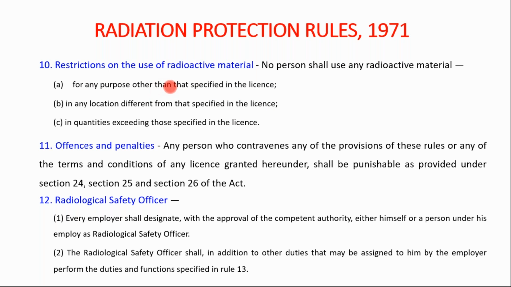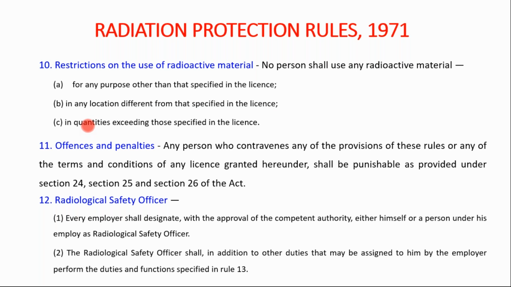So that person should have the observer supervision for the activities related to this radiation. Then in the license it is clearly mentioned that for this location only this license is provided, for that date and for this duration only. All the radioactive material should be in quantities which are mentioned on the license.